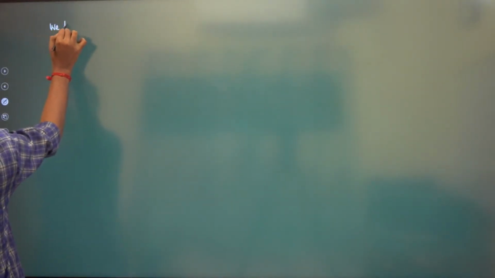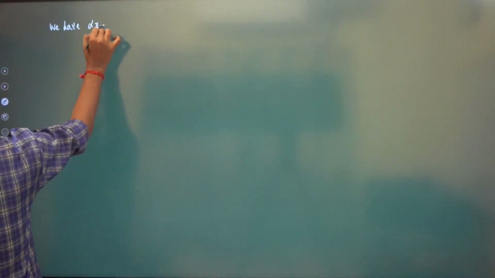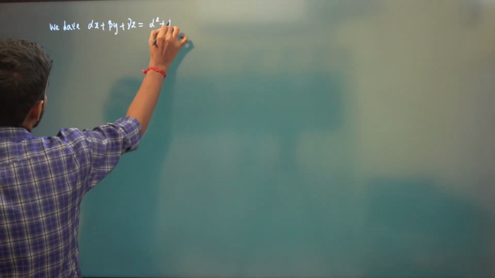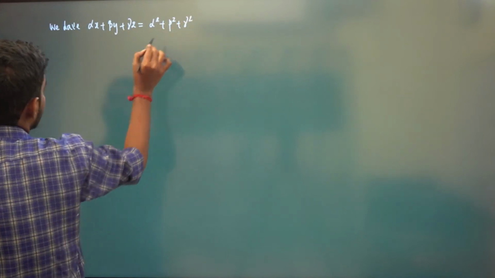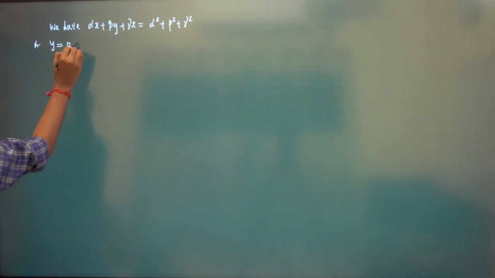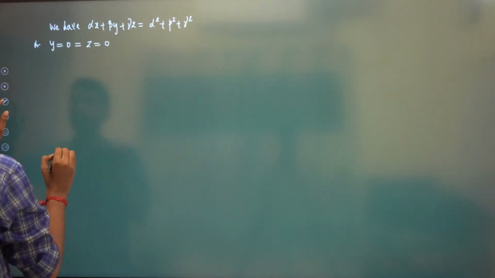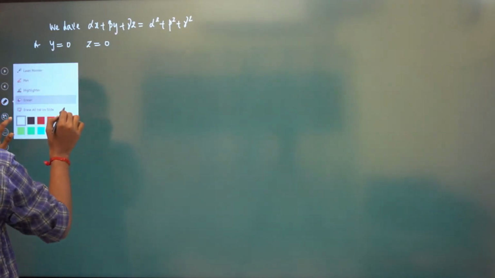Now, what is the equation of yellow plane? We have alpha x plus beta y plus gamma z is equal to alpha square plus beta square plus gamma square, the equation of yellow plane. Now to find x intercept, you put y is equal to 0, z is equal to 0. What will you have as x?